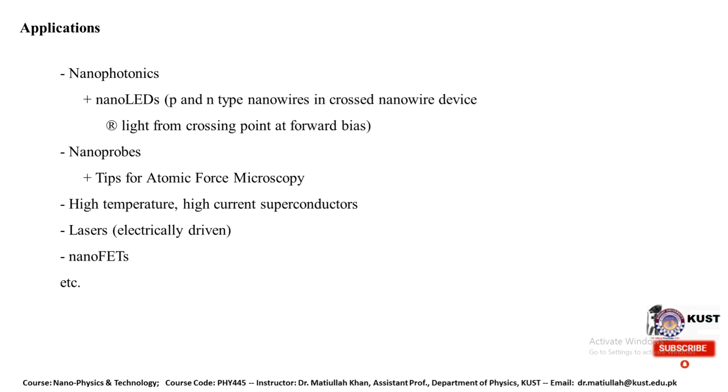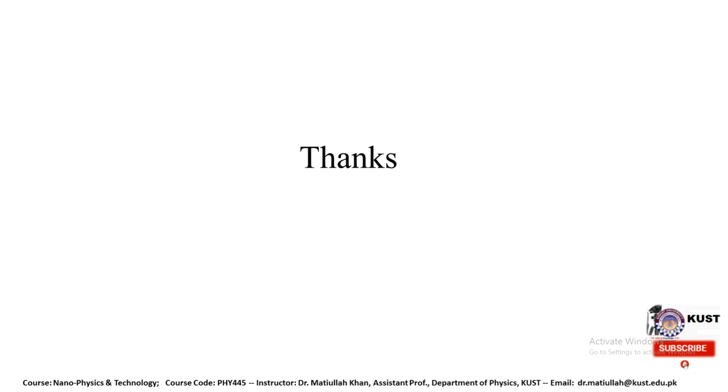We have nanoprobes as well, and that is used in atomic force microscopy, and such nanowires are also used for high temperature application and high current superconductor lasers and nano field effect transistor. So these are some of the applications of nanowires.